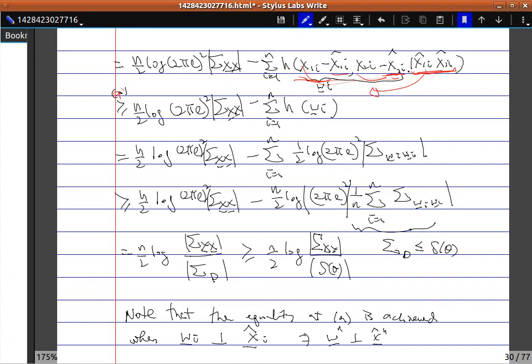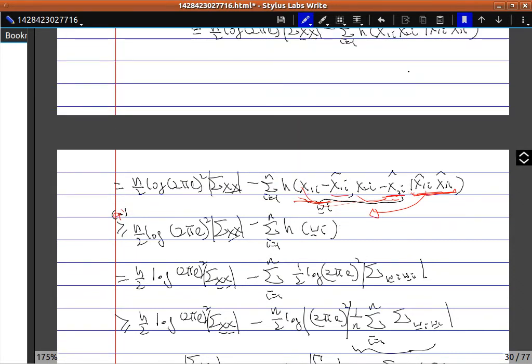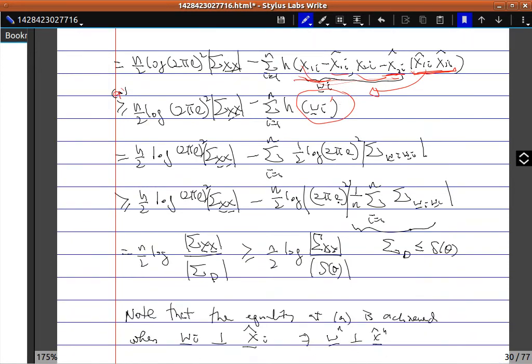Your estimate is usually in the same space as your observation. So what we have here is really the orthogonality principle: your error is perpendicular to the space of your observation, and I will use that later on.